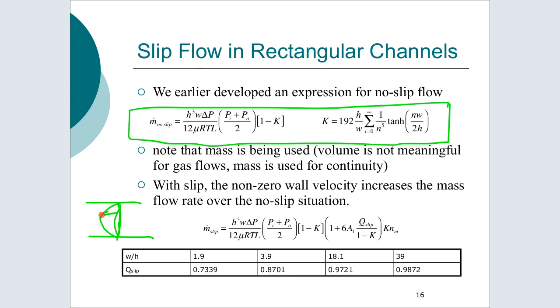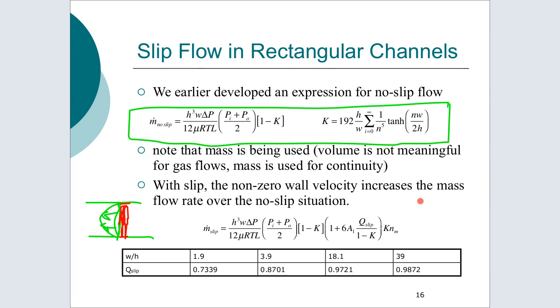Okay, so we have our parabolic velocity profile. But essentially now what happens is we have a bit of slip occurring at the wall. So we get this additional region here of extra flow going through. And the more slip we have, the more flow we get through it. So you're getting an enhanced delivery of fluid through your system.